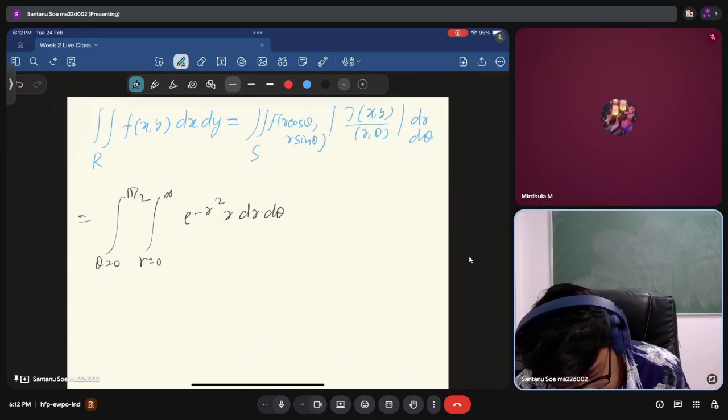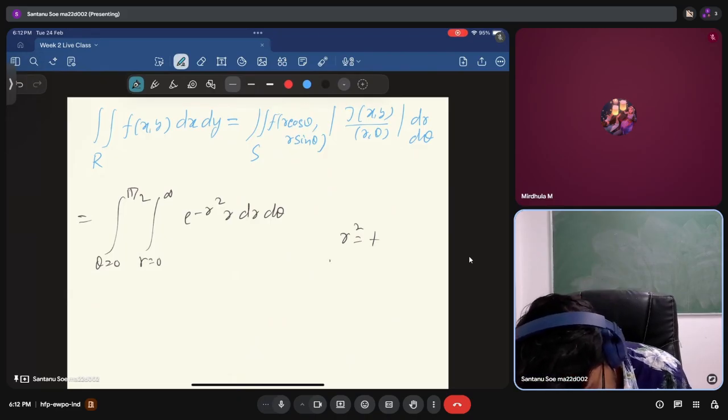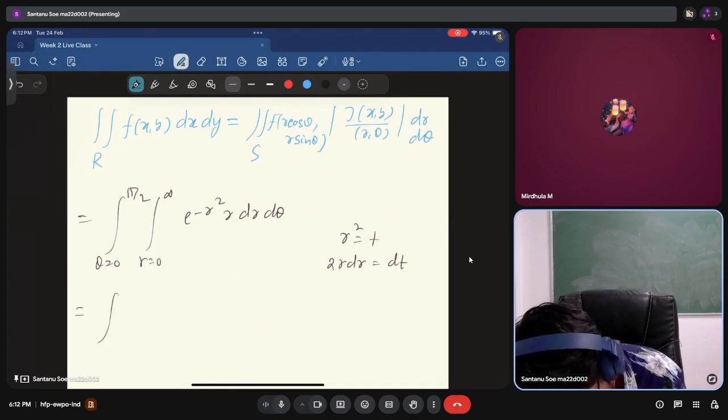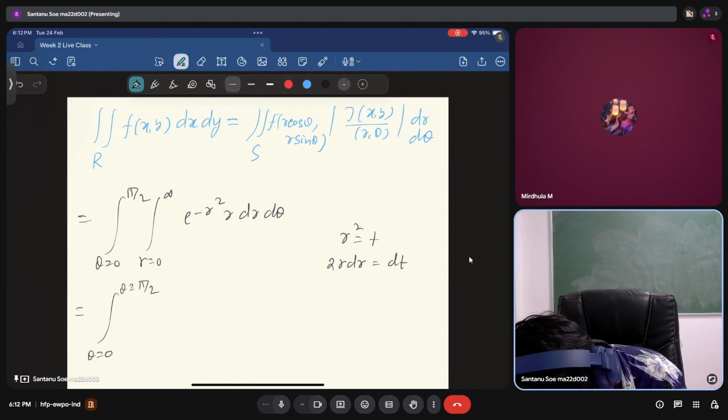Correct. So now we can just take r squared to be t, then 2r dr equals dt. So our integration is changed, with theta equals 0 to theta equals pi by 2.